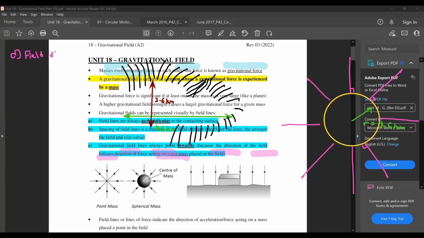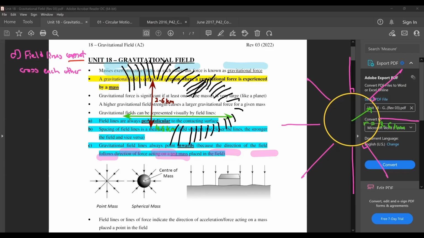Field lines cannot cross each other. Let me just write this one out. Field lines cannot cross each other. When you're drawing field lines, they should never be shown as crossing each other.